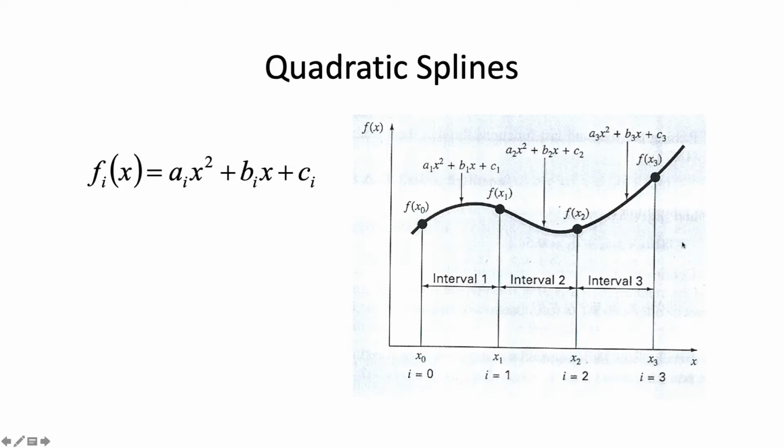So you have n intervals, so that's 3 intervals. Consequently, 3n unknowns, so you have 9 unknowns. And what are these unknowns? A1, B1, C1, A2, B2, C2, and A3, B3, and C3. So if you have 9 unknowns, then you also need 9 equations or conditions required to evaluate the unknowns.